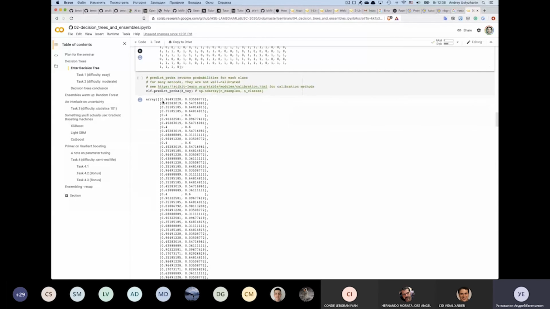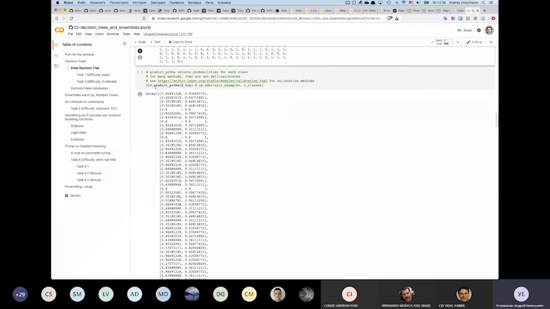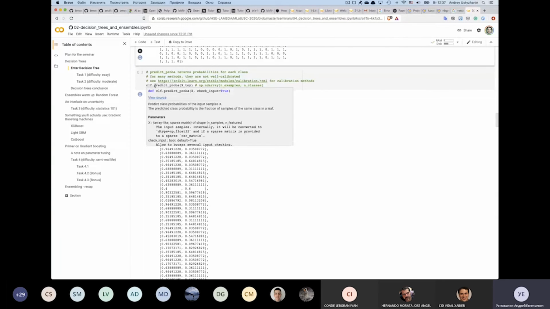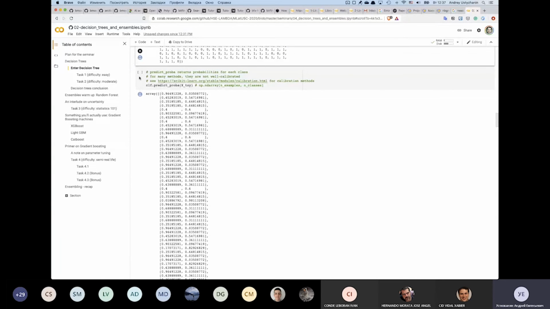A more interesting method is predict_proba. Instead of giving 0 and 1, it gives us a vector of 2 numbers, or as many numbers as classes that we have, giving the probability, or maybe not exactly probability, but the weight that corresponds to this particular class for a given instance.